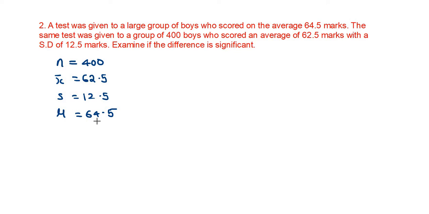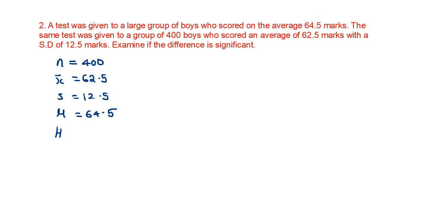Okay, so here in the previous problem, sigma is given, the population standard deviation is given. Here the sample standard deviation is given, that is the difference. So now we have n, x bar, s and mu.